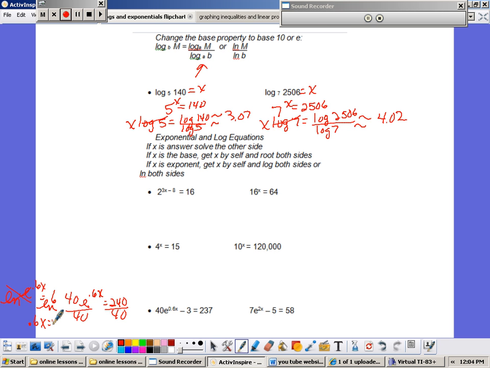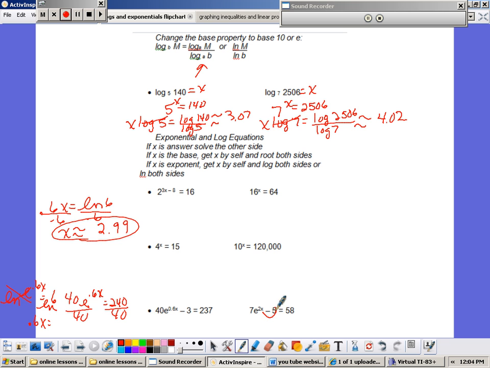Divide by 0.6. So x is approximately 2.99. So if you have to get rid of an e, you have to ln both sides.